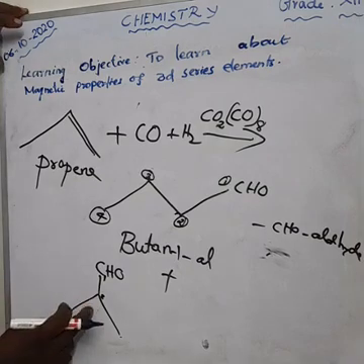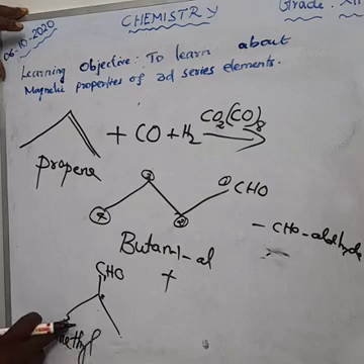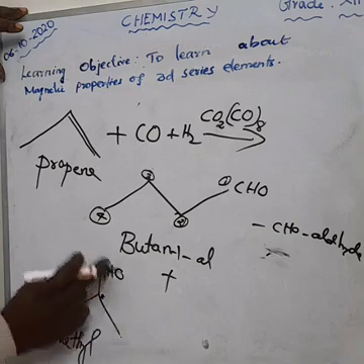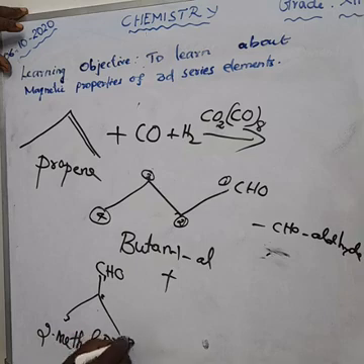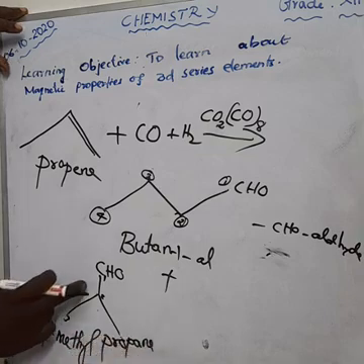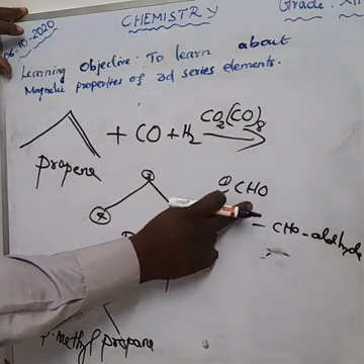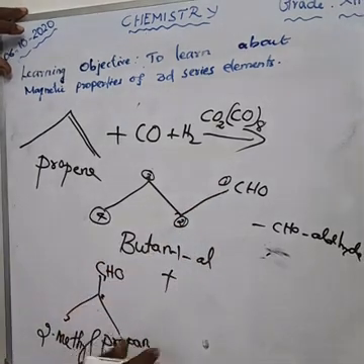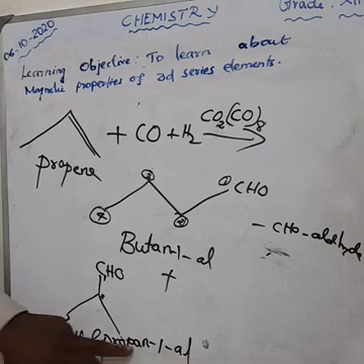So what's the name of the compound? Here we have 2-methyl. Number of carbons: 1, 2, 3, so 3 carbon is there. So we say propane, and the first carbon has the aldehyde group, so the E is dropped: 1-al. So the name of this compound is 2-methyl propane 1-al.